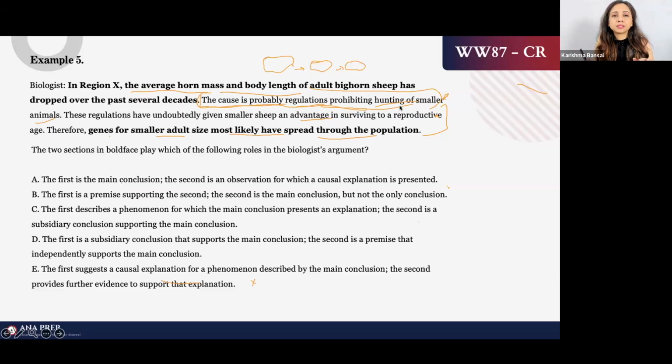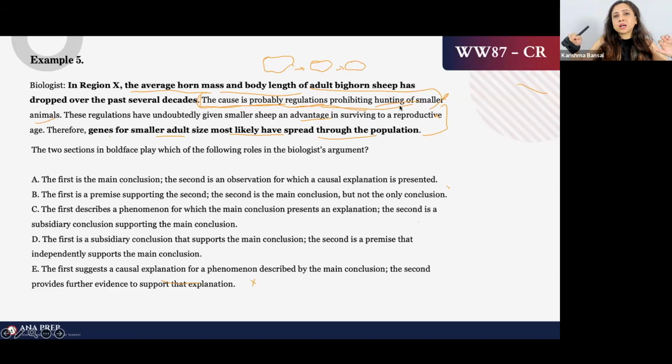Do you understand this? That is why I'm saying, sometimes the sequence of your statements in the argument could very well be jumbled. You have to think of what logical role is being played by each statement. So now forget what is written over here. Visualize that someone is telling you that the size of this sheep has gone down over the decades, and he says it's probably because of the regulations.